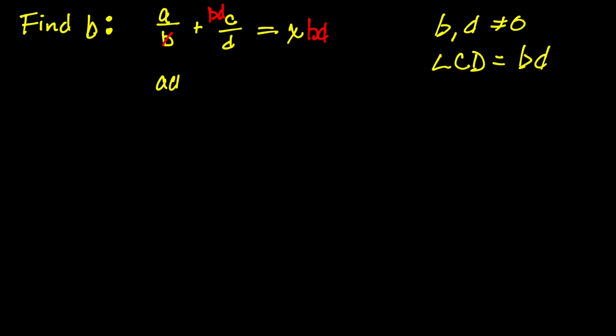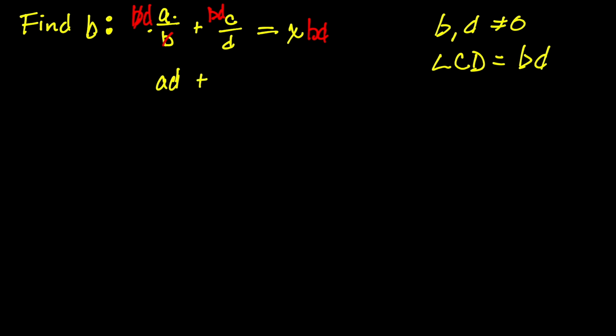Little mistake there. So b times d. Try that one more time. So b times d, the b's go out, and we're left with just a times d. So a times d, I write it right here, ad.